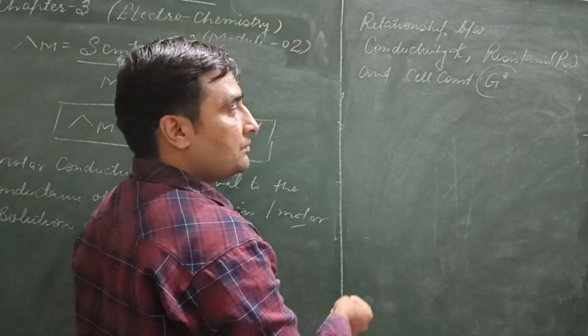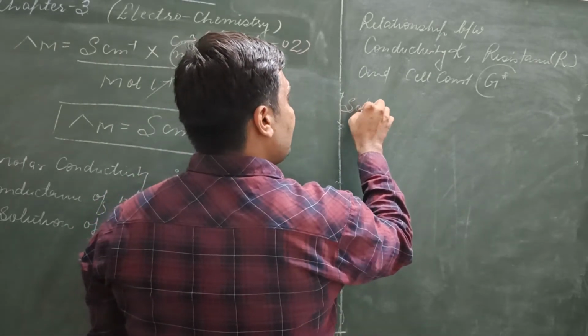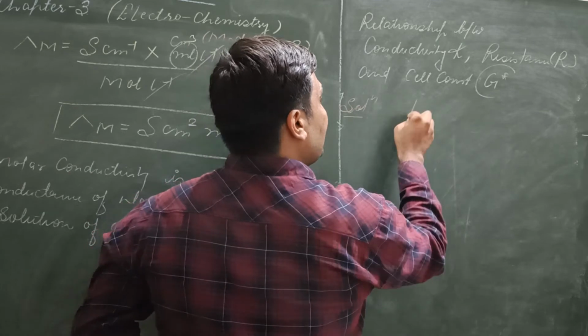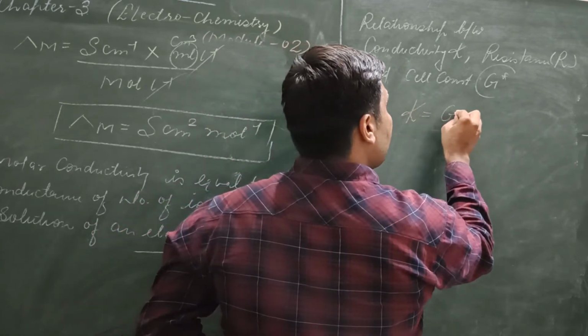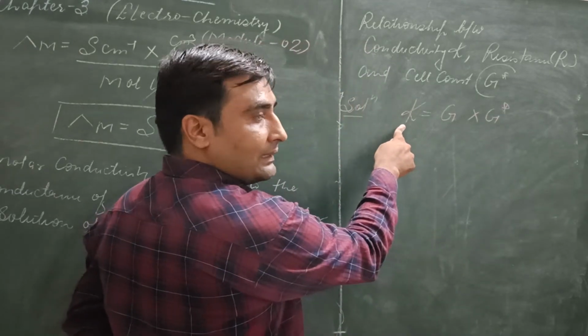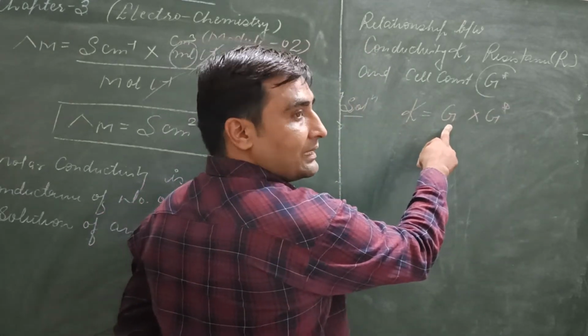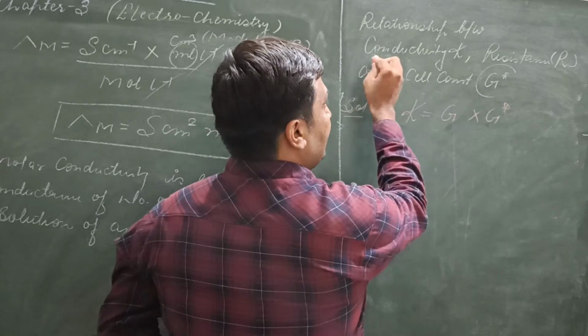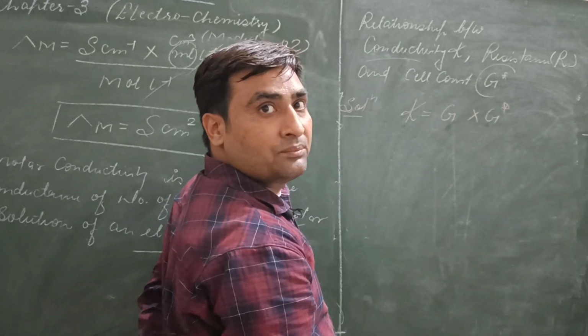So its solution is, we know that kappa equals G into G star. Kappa, conductivity, equals conductance into cell constant.